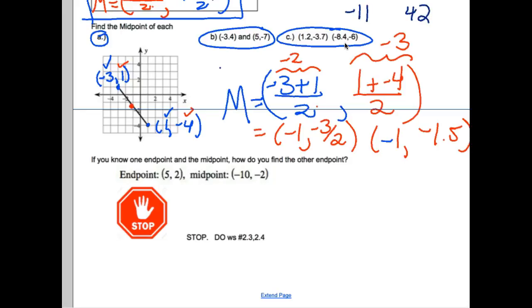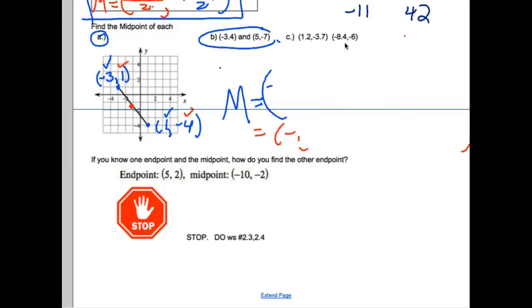You remember me saying, okay, you add them up and divide by 2. If on your calculator you just go negative 11 plus 42 and then you hit your divide by 2, it's only going to divide this. So you have two options.